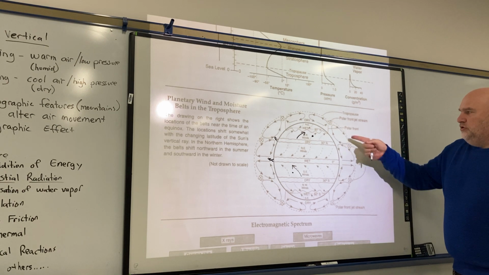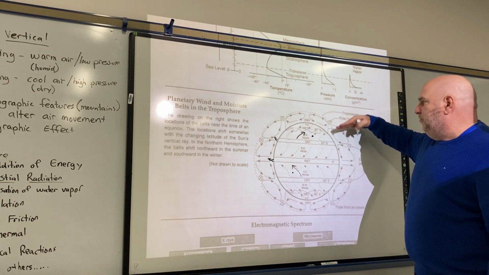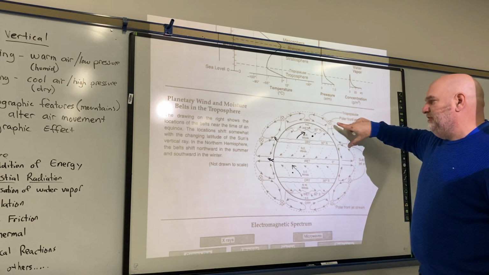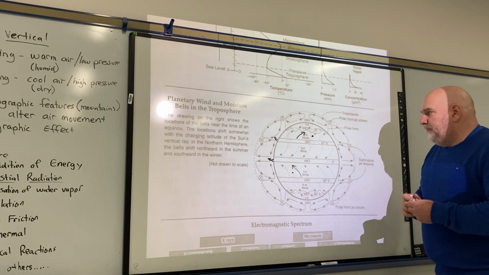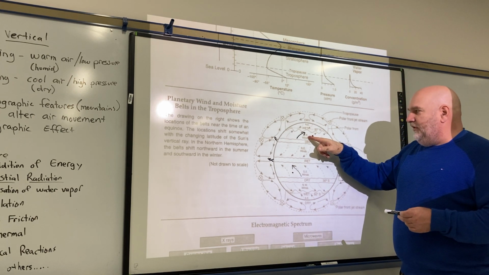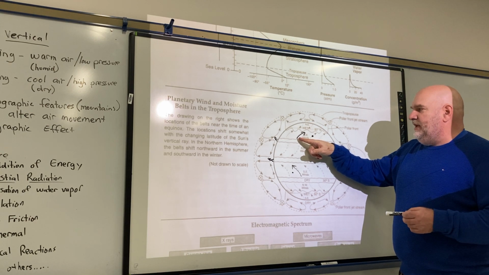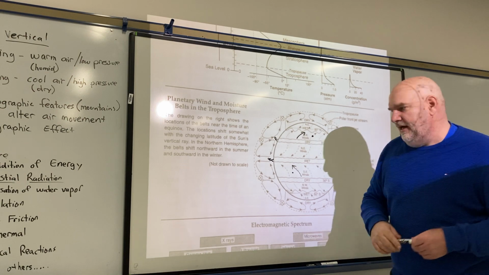But you know, it shows you their average location in March and September. So these will move based on the season, but that's their average location in March and September. All right, so that's what that map shows you. But for right now, just remember that, okay, so at our latitude, the winds are typically blowing from the southwest. They're typically blowing that way. Remember that.